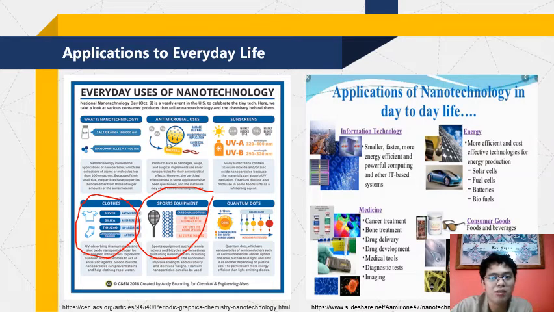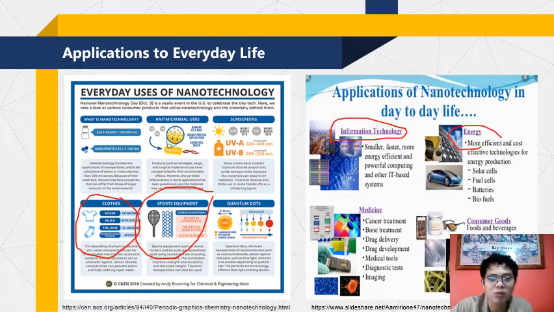Like, for example, in the field of information technology, the cell phone that you are utilizing, the TVs, the laptops, the computers that you are utilizing, especially the wirings, in order for your device to catch an internet connection, these fibers are made of nanomaterials, so you would always encounter nanotechnology in that portion.